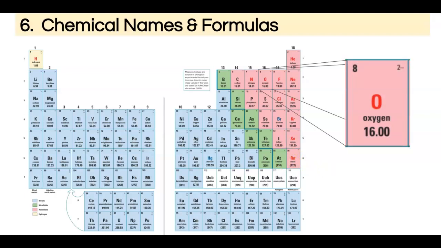Okay, so now I'm going to zoom in here on oxygen, just to point out something you may or may not have noticed. Each element, whether we're talking about the main group elements or even these transition metals that we've not talked a whole lot about, has in the upper right-hand corner the common ionic charge for that particular element, which is why it's very important for you to have a periodic table with you as you're working through this unit.